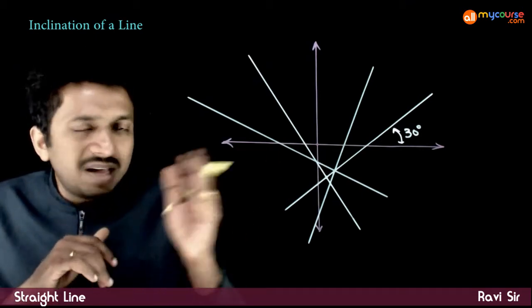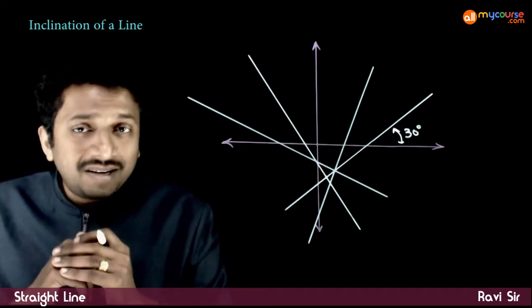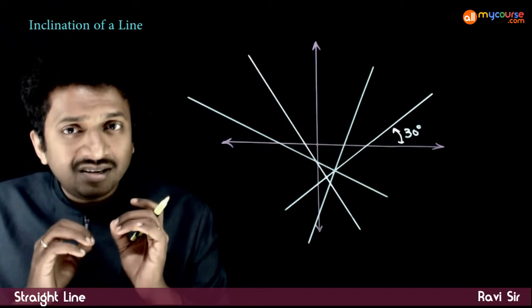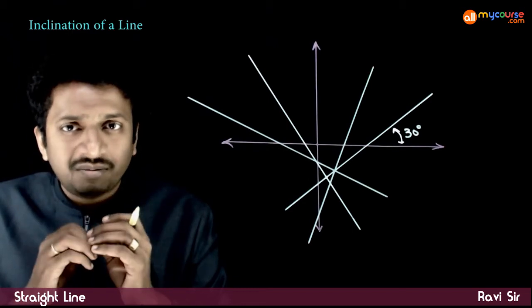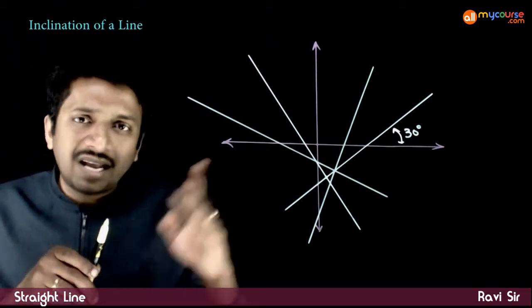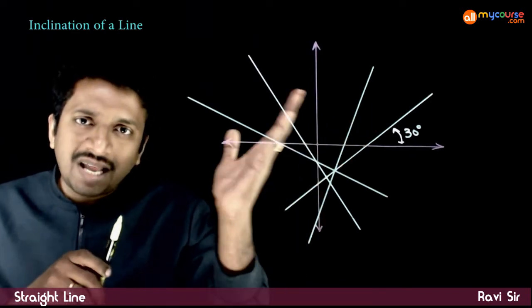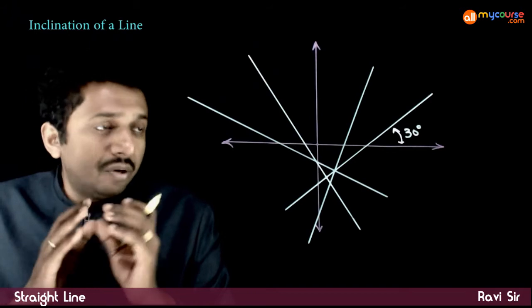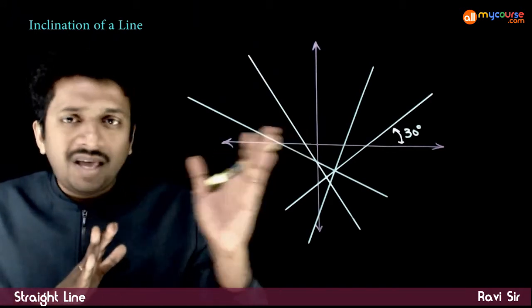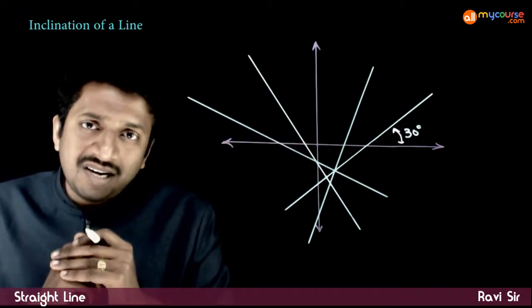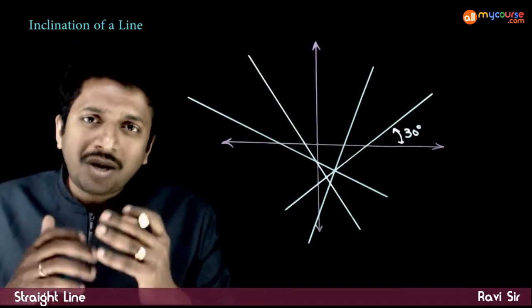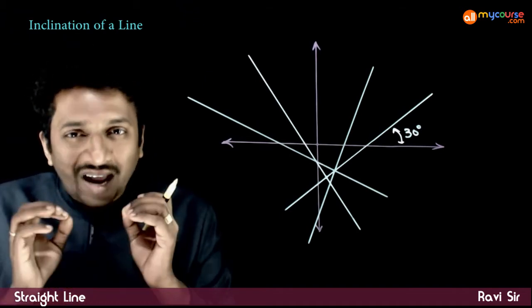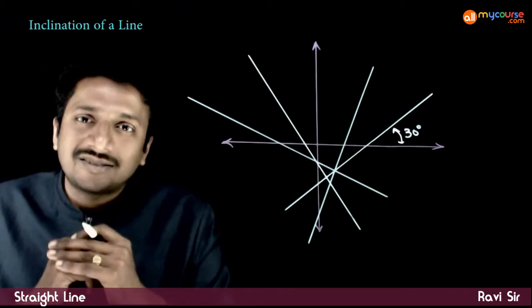That means the line is making an angle of 30 degrees, but till now the straight line is not specified uniquely because there are infinite number of lines which make an angle of 30 degrees with x-axis, right? So if I say the line makes an angle of 30 degrees with x-axis, what is your idea of how the line is?